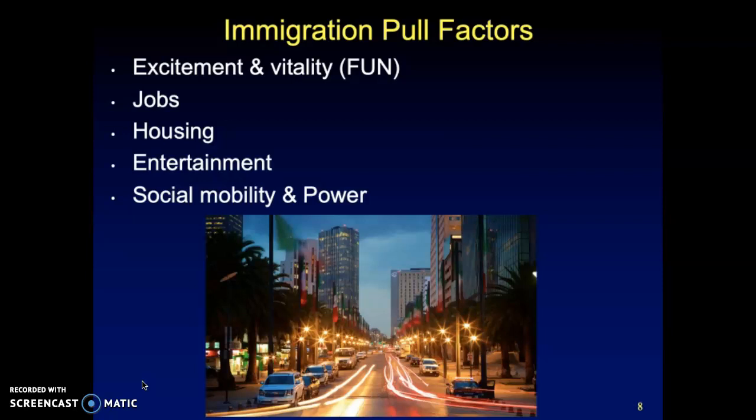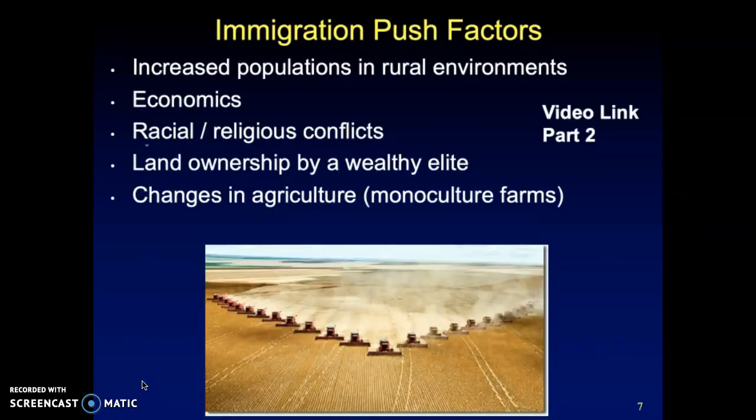So there's all sorts of different reasons why people leave rural environments or leave countries and get pulled to urban environments or to other countries. So we have to keep those things in mind. If we're socially frustrated with why these people are immigrating to our community, we need to look at what's pushing them out of theirs. And are there things we can do?